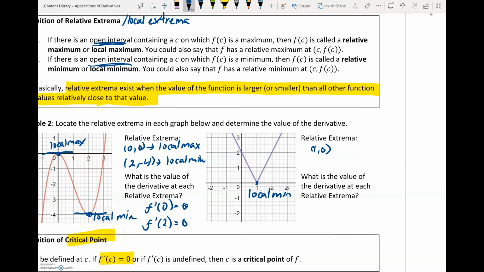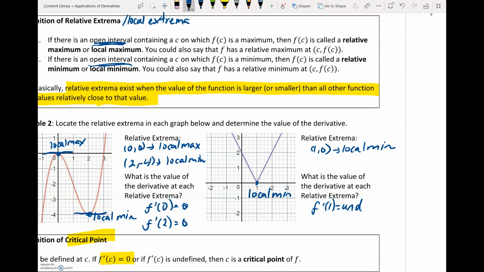So (1, 0) is our local min. Now if you look at the derivative at x equals 1, the slope here is non-existent because we have a discontinuity, and this is called your corner. So the derivative of f at 1 is undefined.